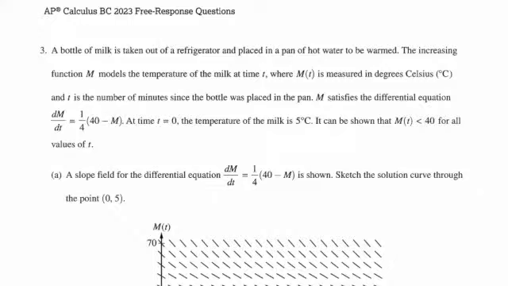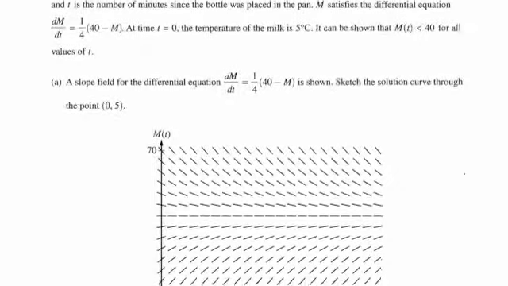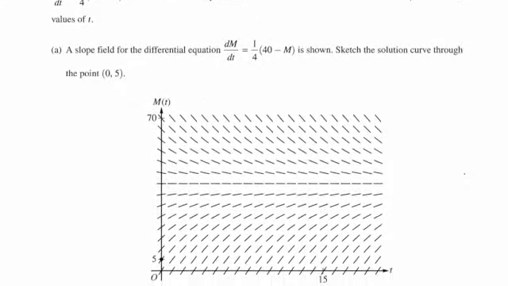So part A, let's solve. It says a slope field for the differential equation dM/dt equal to 1/4 of (40 minus M) is shown. Sketch the solution curve through the point (0, 5). So you should draw it approximately. Let me draw with another color. Okay, if you pass through this, it will be something like this.